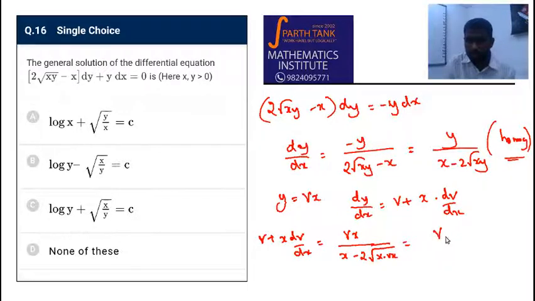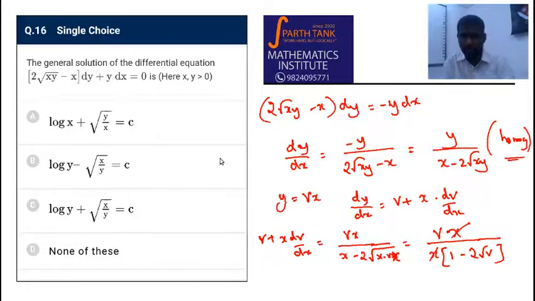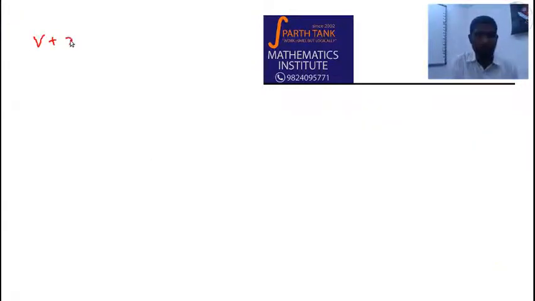Let me do it one more step: v by 1 minus 2 root v. What I have done here is x into x is x squared, out of the square root it becomes x, take that x common, you get this. So x and x are cancelled. So what I have is v plus x dv by dx is v by 1 minus 2 root v.